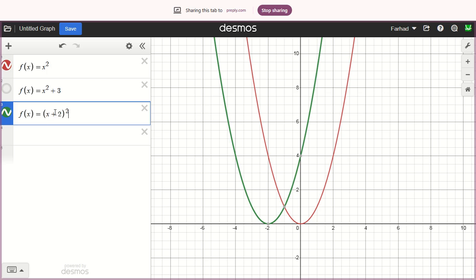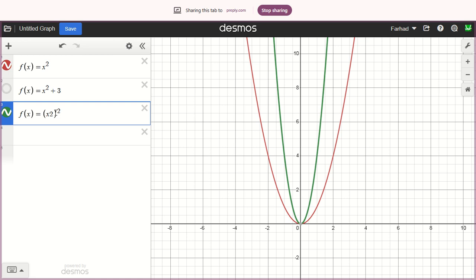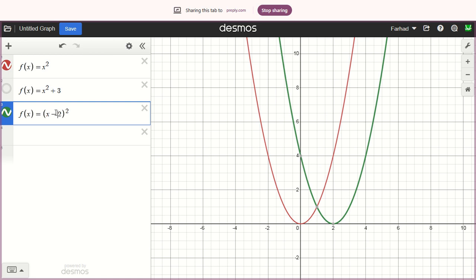But if we put plus here, then what happens? If we put negative sign here, negative sign, it moves to the right.